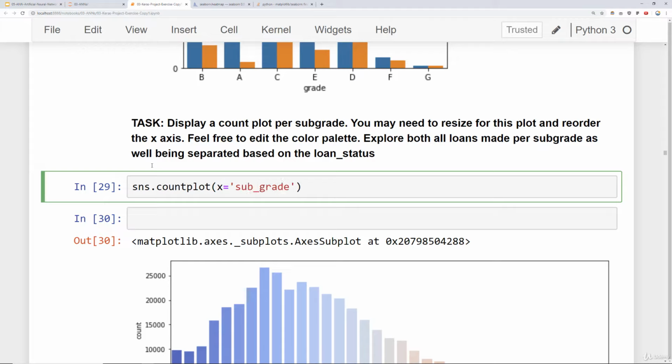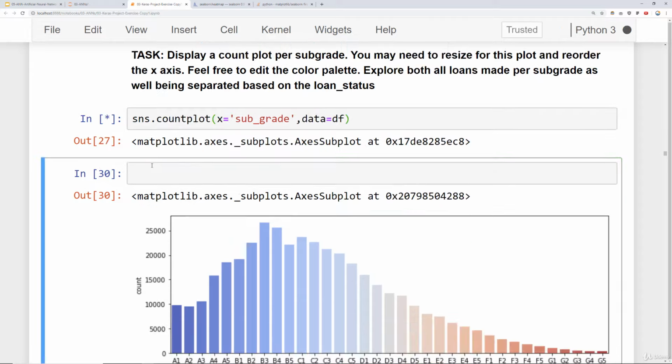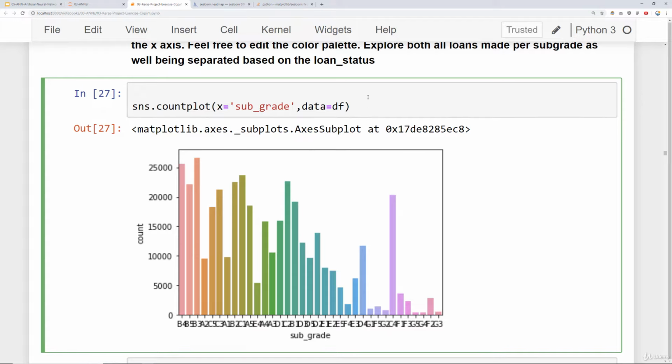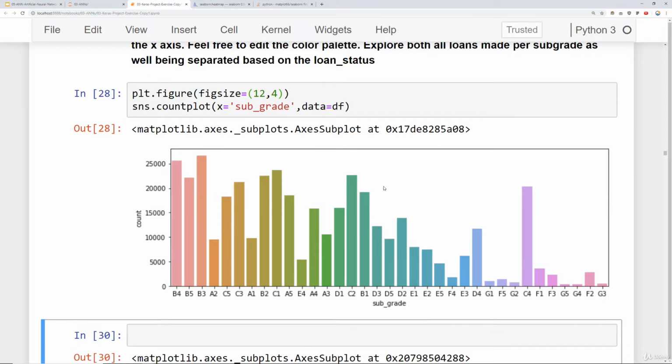Recall there's an underscore there. And then our data is equal to df. Now, if you just run this plot, you'll get something that looks like this. So the first thing we should fix is the size of this plot. So we'll do that by saying plt.figure, figsize is equal to, and let's go ahead and make this 12 by 4. Okay, so that takes care of the sizing.